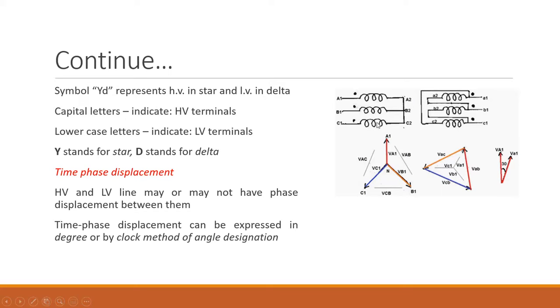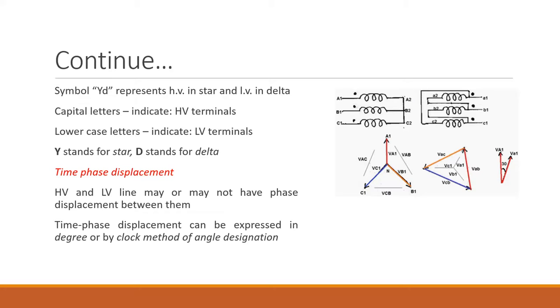So you could have a look here. The other thing you will find is that when there is star and delta, there will be some time phase displacement, which may or may not be there, between HV and LV line EMF. So how would that be represented with this symbol?